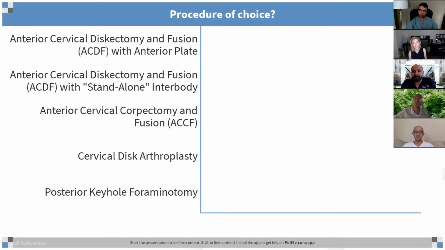Can I ask a question before we get too far from what you just said, Ali? Because you just hit on something that I've been wondering. There are probably a few non-surgeons here and people who have not seen patients and talked to them about this. When you counsel patients, this seems very complicated to me, all the data and all this stuff. I don't know how any patient could understand this.